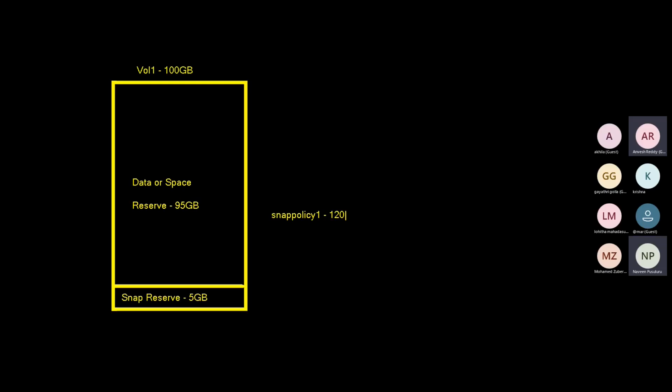But I have reserved only 5 GB of space for this volume. So maintaining 120 snapshots in 5 GB, is that enough?